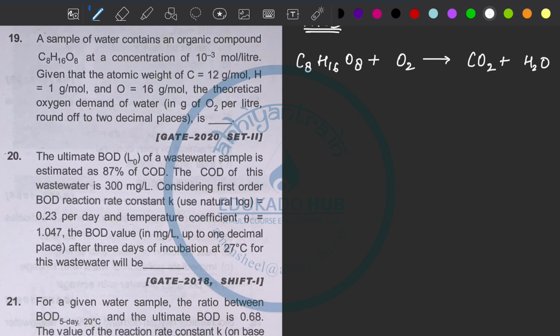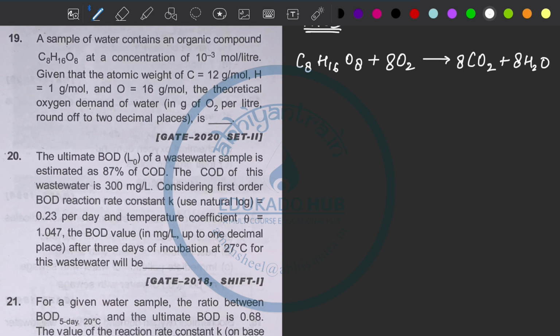If I balance it out, 8 carbons, so 8 CO2, and then 16 hydrogens, so 8 H2O, and then 8 plus 8 plus 16, that is 32 oxygens, so O2 here is 8 and 8 plus... hydrogen is 16, we have to put 8 here. So this is the balanced reaction.